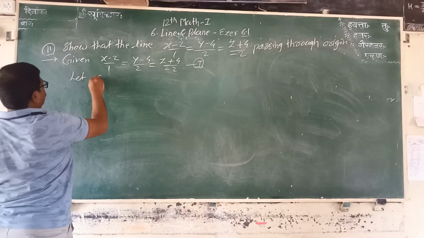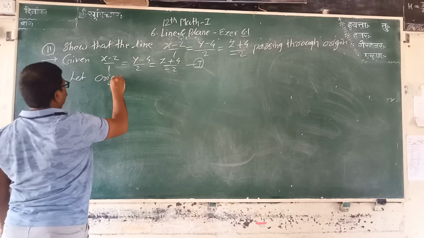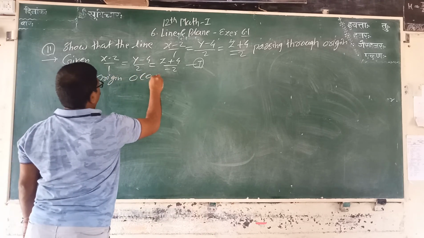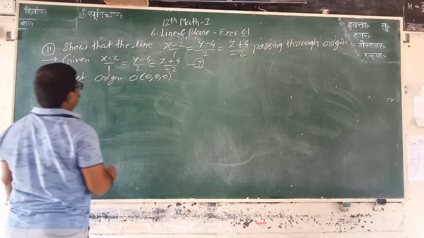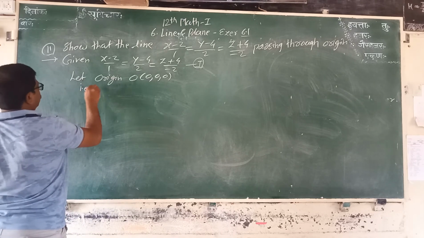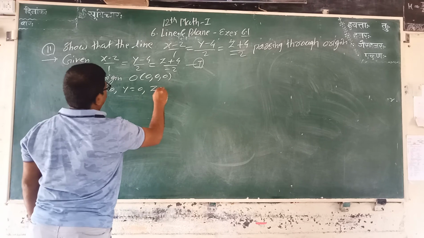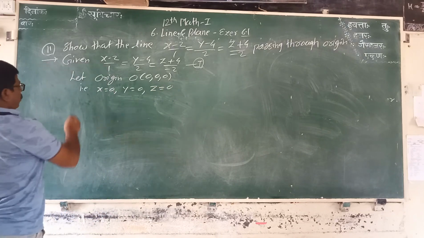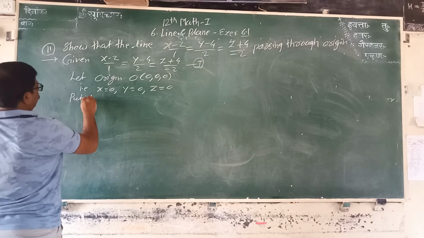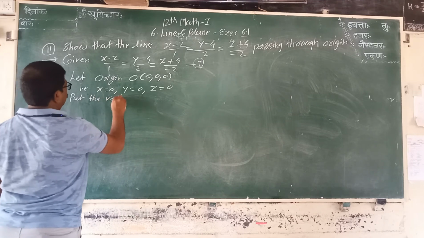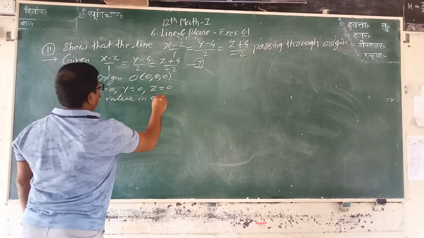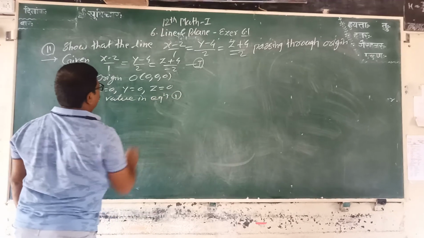Let the origin O be 0, 0, 0, that is x equal to 0, y equal to 0, z equal to 0. Put the values in equation 1.